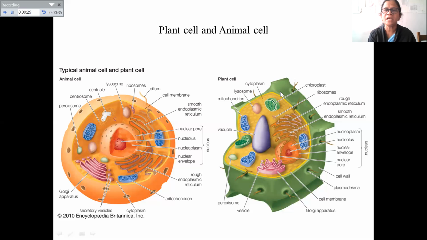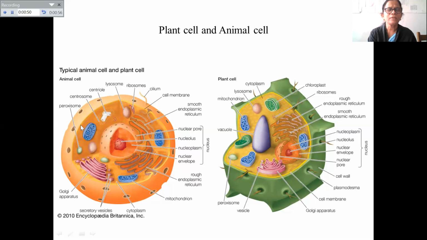You can see here, this is the cell wall. The arrow of this mouse shows that this is the cell wall. This type of cell wall is absent in animal cell. This is the basic difference between plant cell and animal cell.